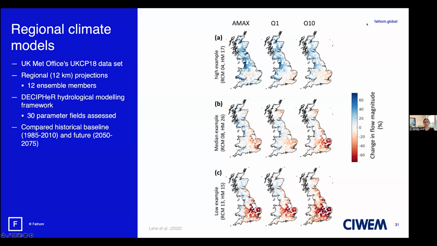And this drying in some southern regions is related to increased evaporation and the drier antecedent conditions that accompany this, leading to smaller flood peaks. And this figure and paper illustrates some of the uncertainties involved with modelling future flood changes. So in this example, only parameter uncertainty in the climate and hydrological models are considered, as well as which indicator for peak flow is used, shown by the different columns.